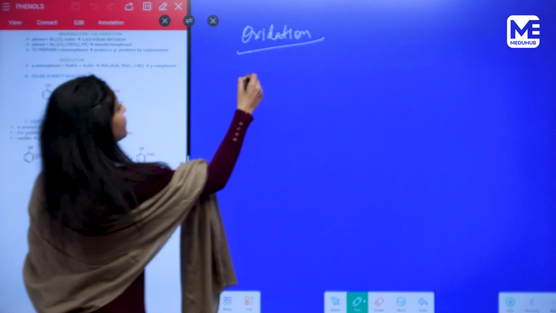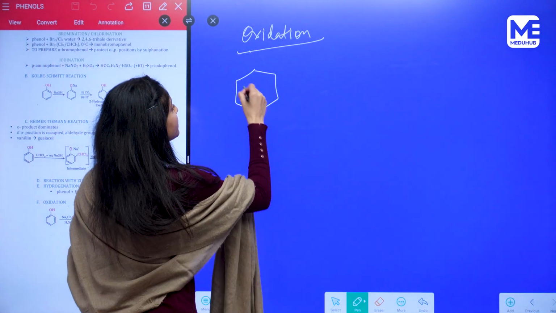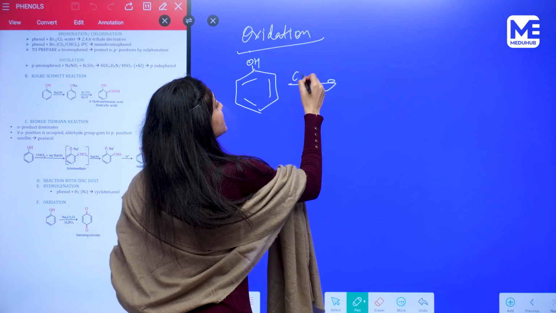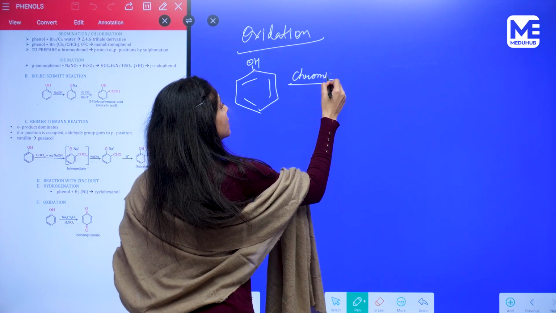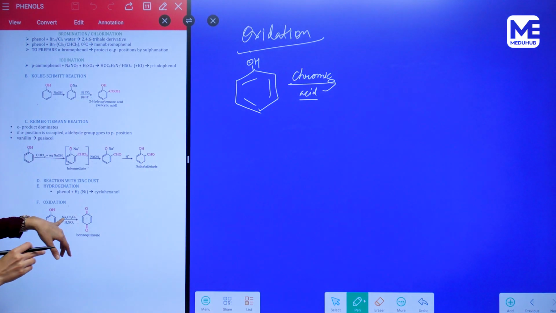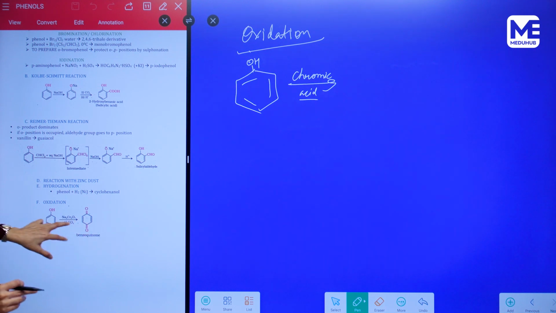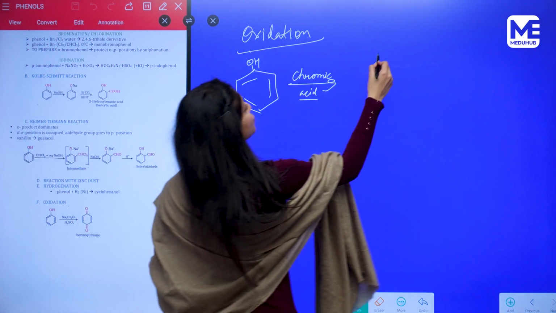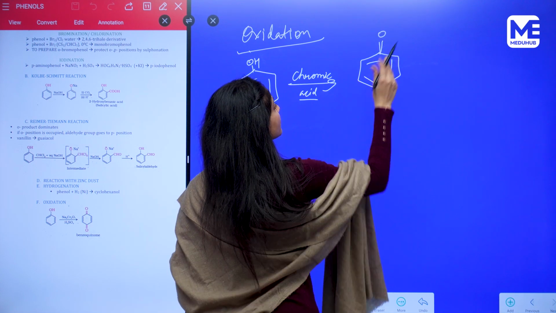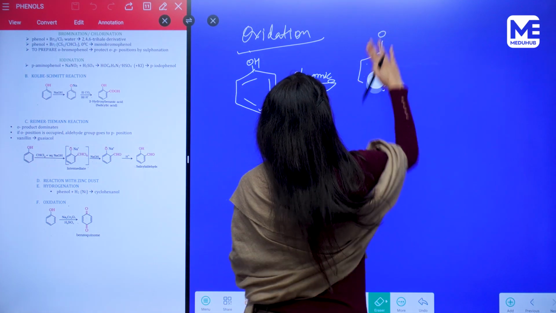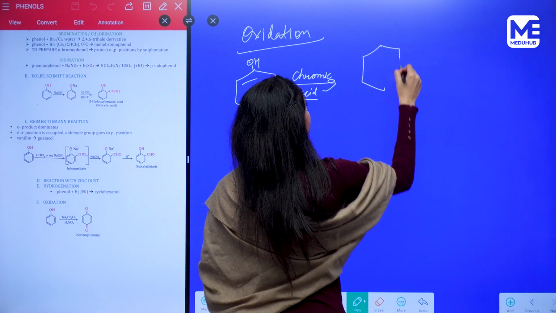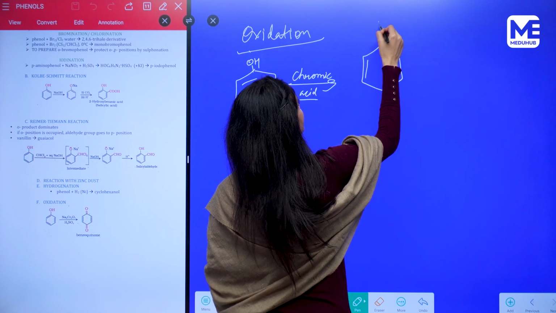So we'll see if we have phenol in the presence of chromic acid, which can be prepared using sodium chromate and H2SO4 here, you get benzoquinone, which are conjugated ketones.